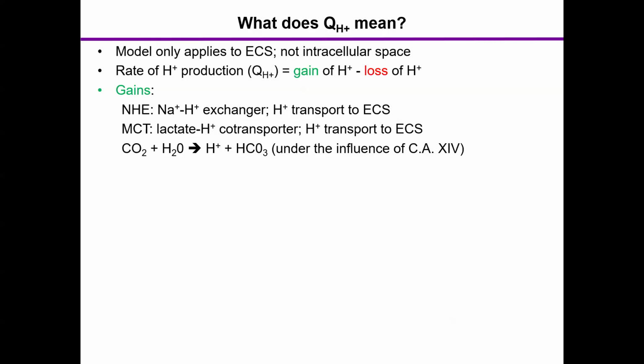And there's a possibility that hydrogen ion is produced in the extracellular space by buffering of CO2. The only extracellular carbonic anhydrase in the retina is carbonic anhydrase 14, but of course, like all carbonic anhydrases, it facilitates the reaction in both directions.